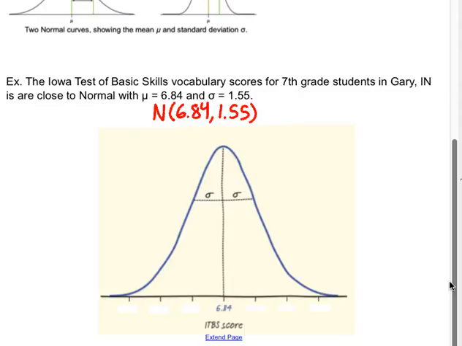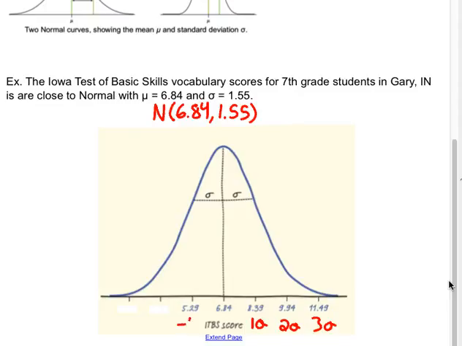And then you want to say, well, one standard deviation above that would be 6.84 plus 1.55. 2 standard deviations above would be another 1.55 up, so 9.94. 3 standard deviations above would be another 1.55, giving you 11.49.